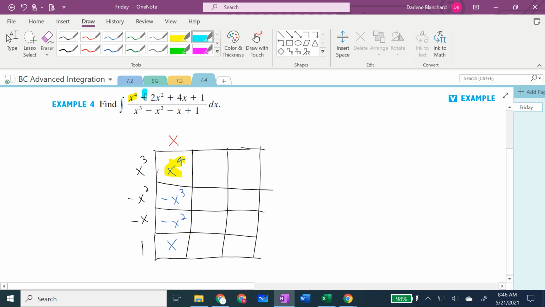Now, you might notice we don't have an x cubed term in here. That means that I need to be able to take this first pair of diagonals here. They need to add up to 0 x cubed. For that to happen, this is going to have to be a positive x cubed.